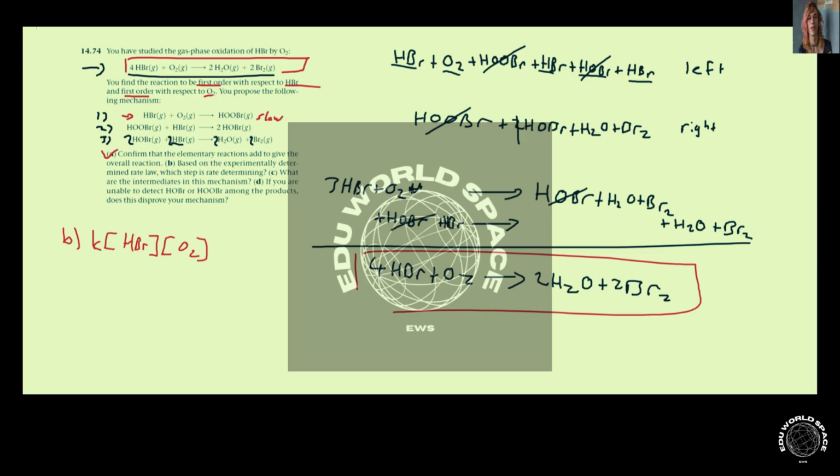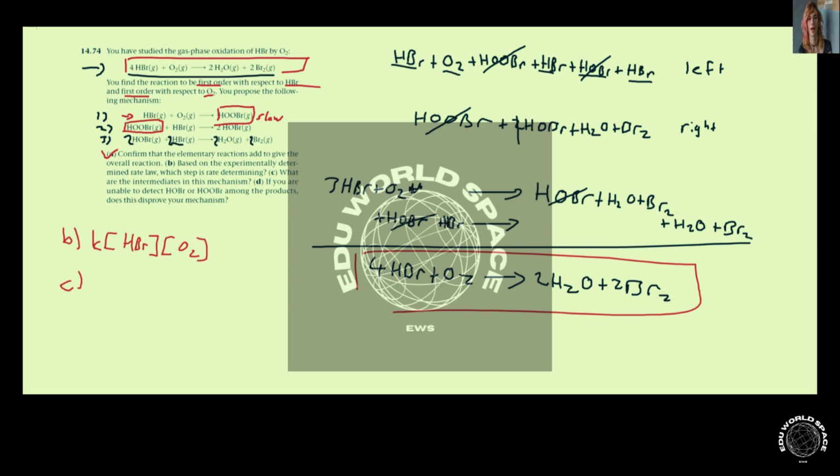In part C, what are the intermediates in this reaction mechanism? So the intermediates are, we get intermediates at the end of a reaction, and we consume those intermediates at the start of the next reaction. So HOOBr over here is consumed.